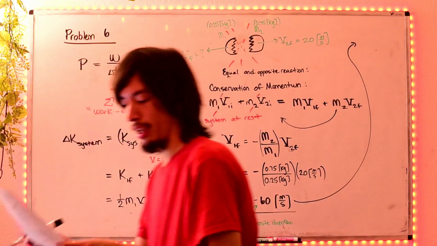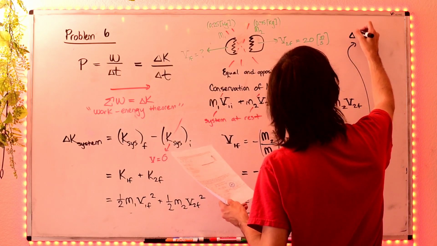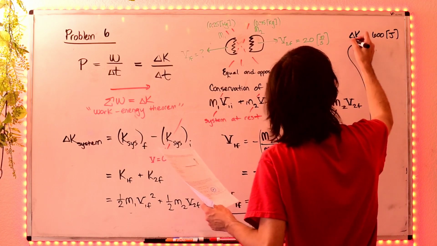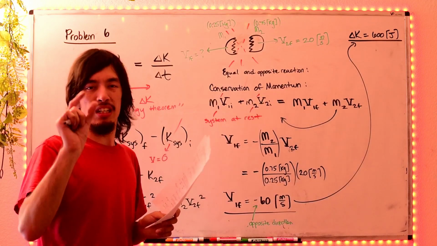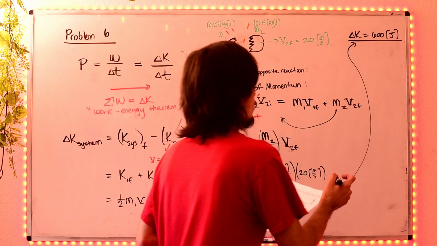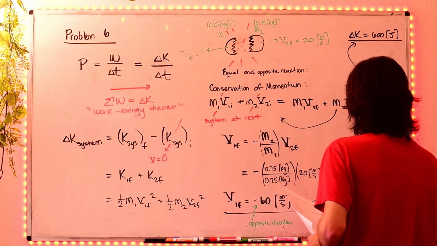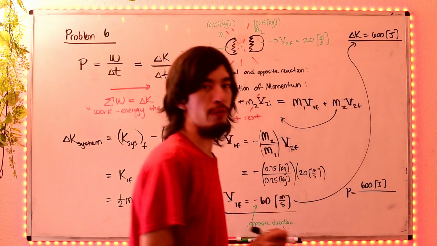What you will get upon calculating that is a change in kinetic energy of the system of 600 joules. That energy is released in a very short time, which was given, which is 50 milliseconds. So the power, P, is that energy divided by 50 milliseconds.